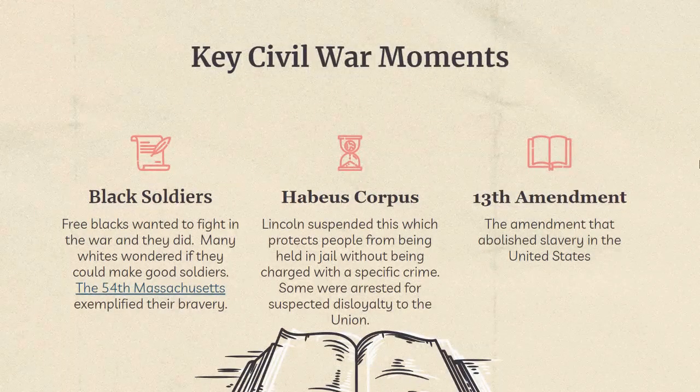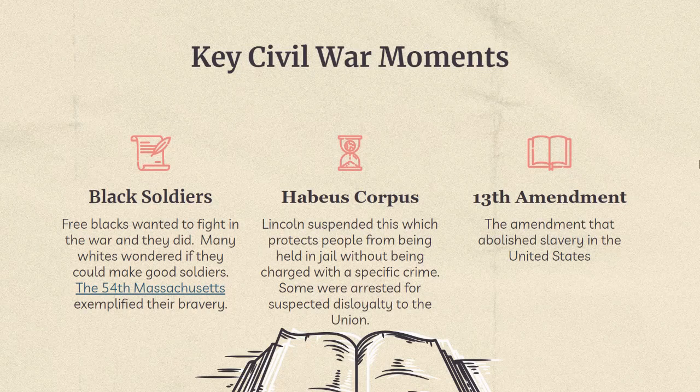Habeas corpus, this happens very early in the war. Habeas corpus is suspended by Lincoln. Now, habeas corpus protects people from being held in jail without being charged with a specific crime. That means somebody with the power can just arrest individuals for no reason whatsoever.